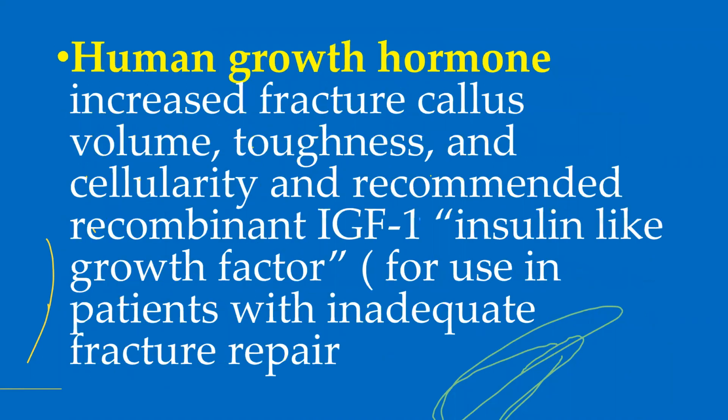Human growth hormone increases fracture callus volume. As you increase the volume, you increase the toughness and cellularity, and recombinant IGF-1, insulin-like growth factor, is recommended for use in patients with inadequate fracture repair.